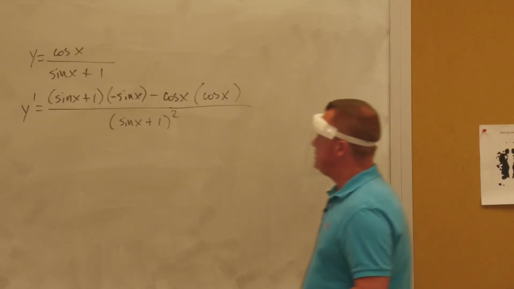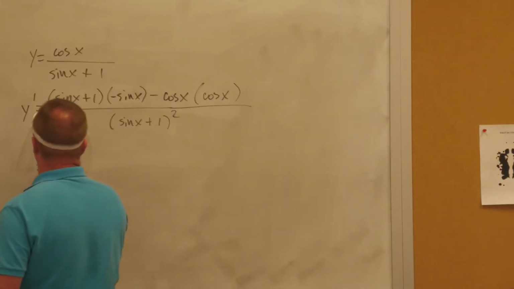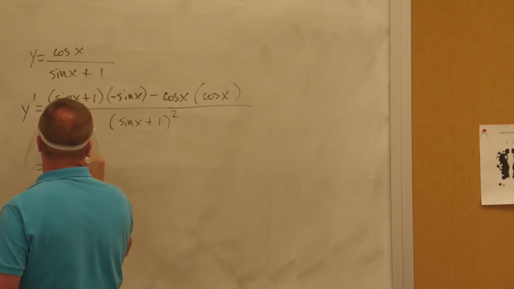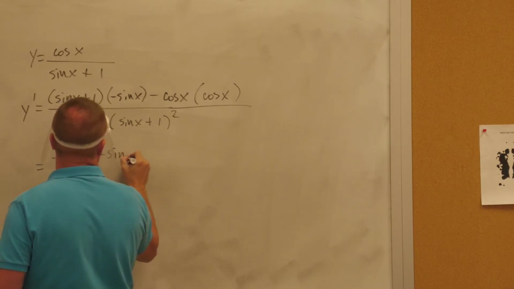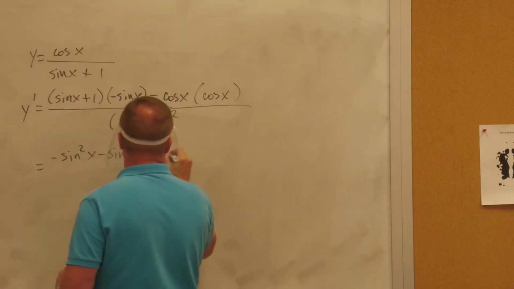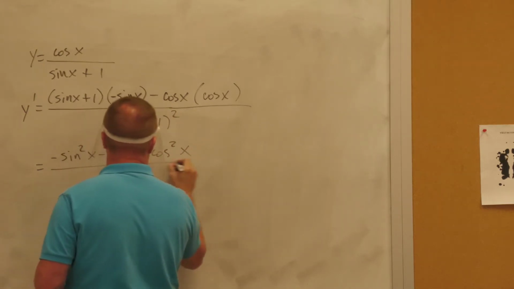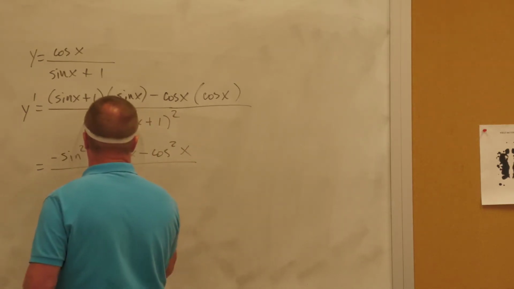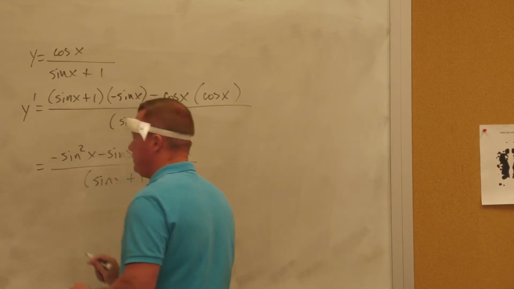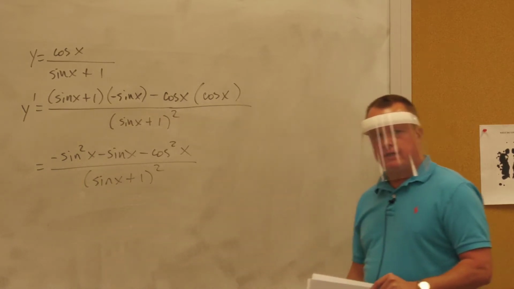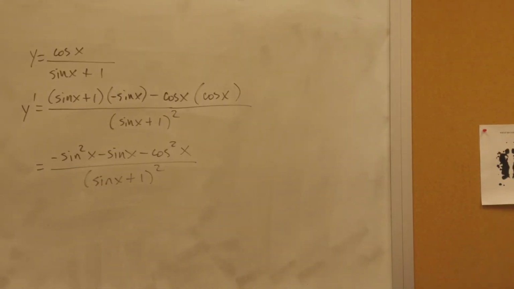All right, multiply the top out. So I will have negative sine squared x minus sine x minus cosine squared x over sine x plus 1 squared. Now we have to reduce these things. One thing to watch for when dealing with trig functions is any time you have a Pythagorean identity.